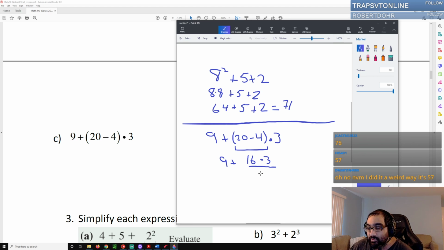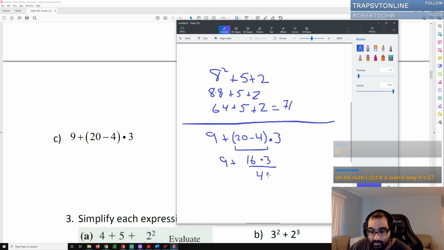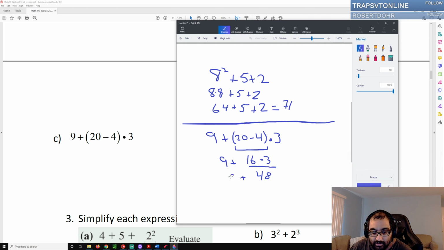So you're not working left to right. You have to look at the operator here. In this case, the first operation is 16 times 3. We have to do multiplication before addition, so that's going to be 48. And then we have 9 plus the 48, and that gives the 57, which should be your final answer.